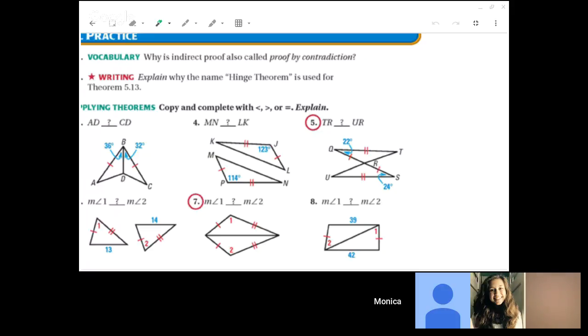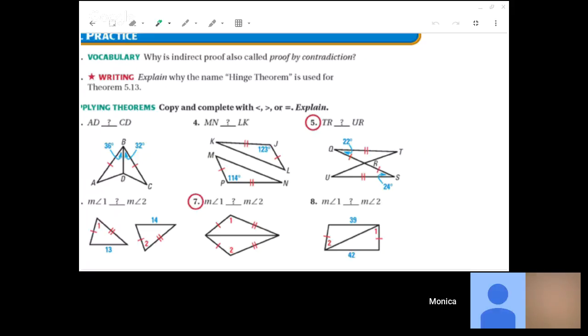Now, can we apply the hinge theorem to those two triangles? Yeah, you can, because you have the two pairs of congruent sides, okay? So then what we're going to deal with is those two angles that are notated there.